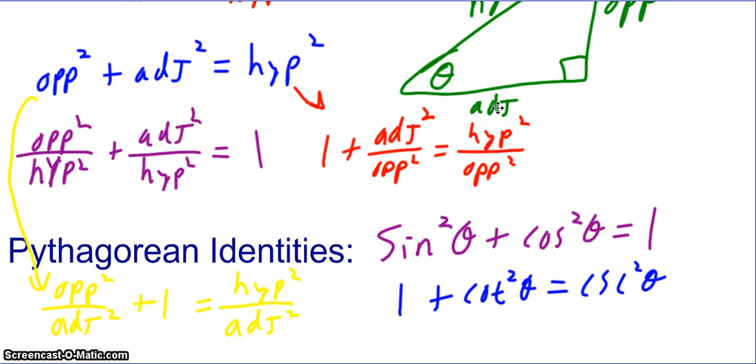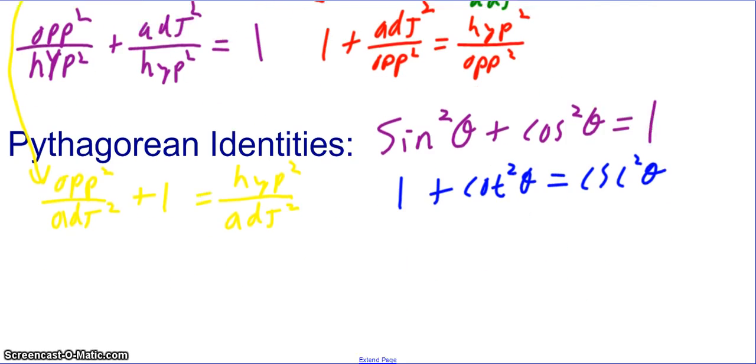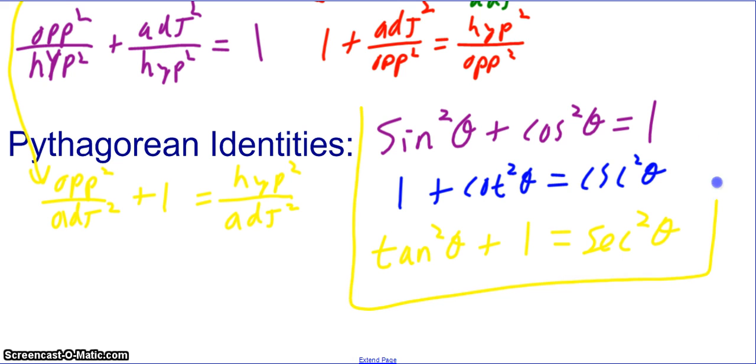In terms of trig functions, if I take sine squared theta plus cosine squared theta equals 1, and I divide this whole equation by cosine squared theta, that will lead me to my third Pythagorean identity, which will be tan squared theta plus 1 equals secant squared theta.